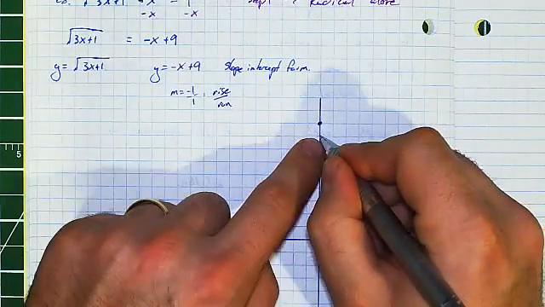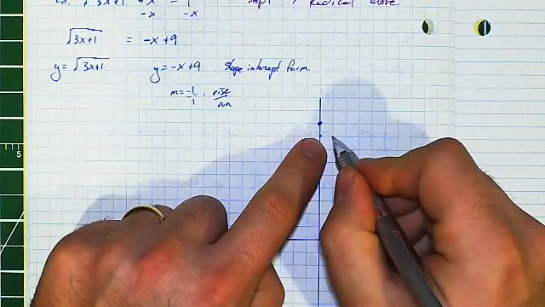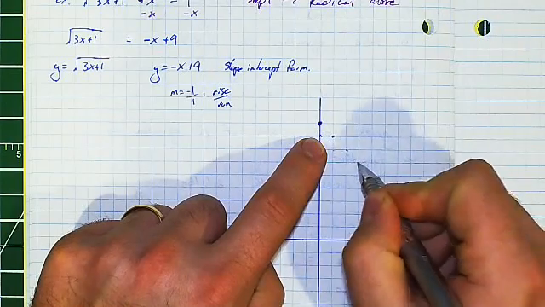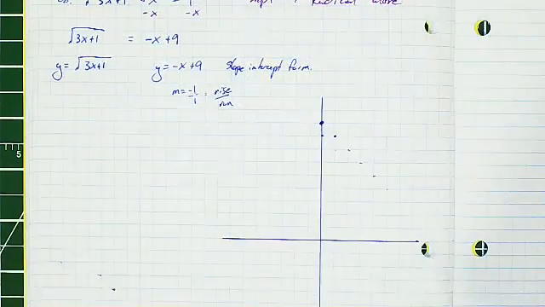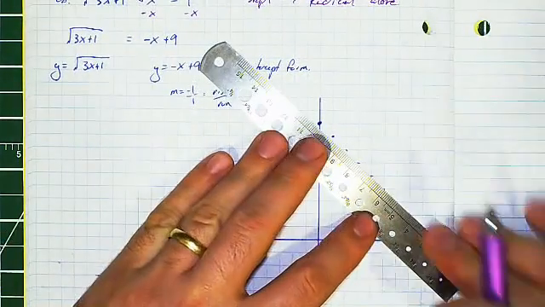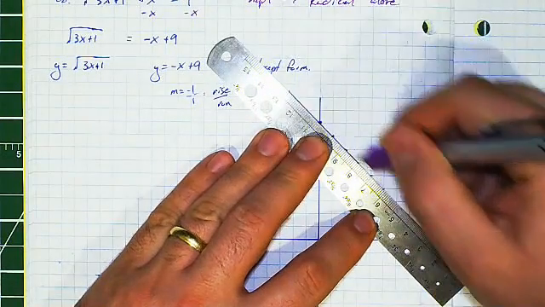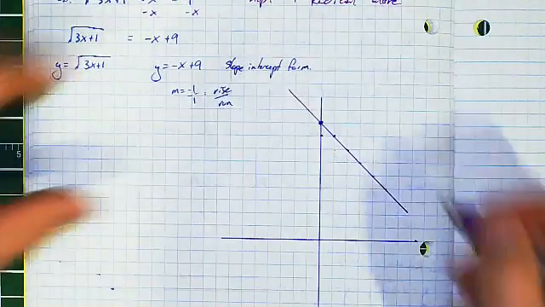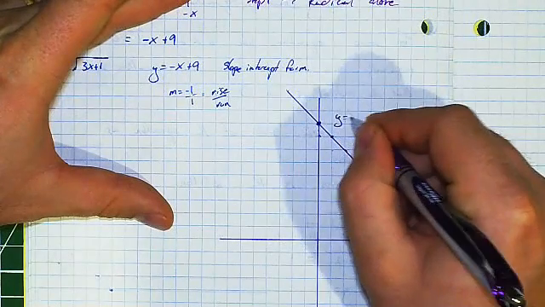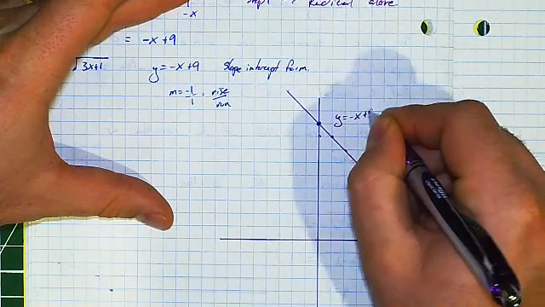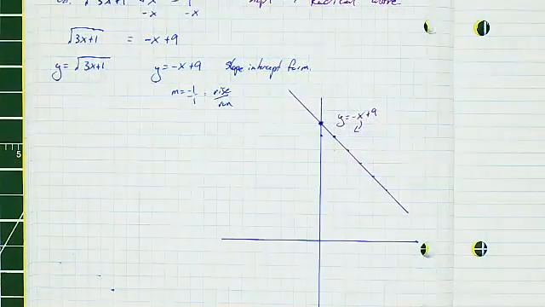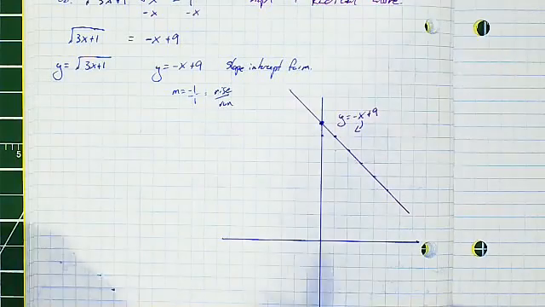My rise is negative 1, I'm going to go down 1, and then to the right 1. Down 1 to the right 1, and this continues all the way on. So my first function, when I graph it, looks like this. This is essentially y equals negative x plus 9.